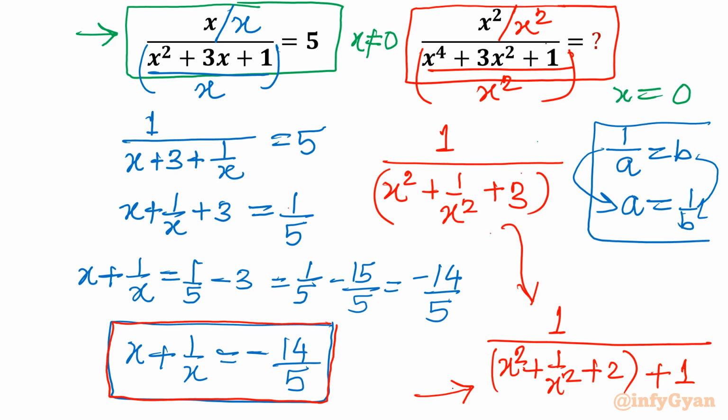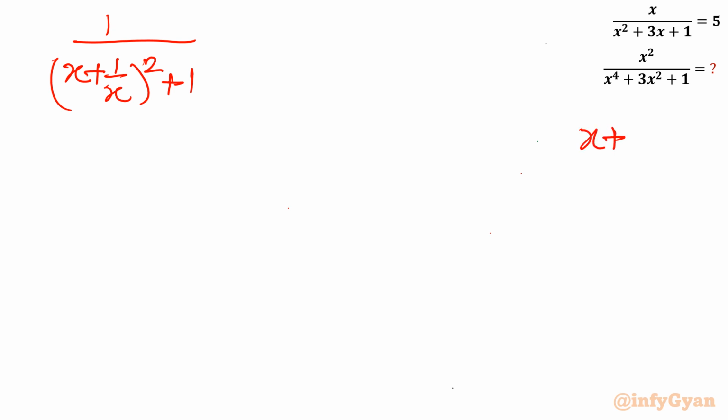So we have to find out 1 over x plus 1 over x whole square plus 1, where we know the value of x plus 1 over x. It is minus 14 over 5.